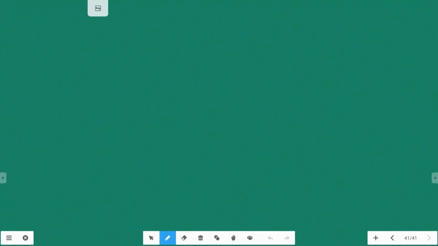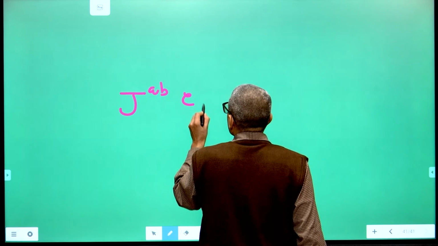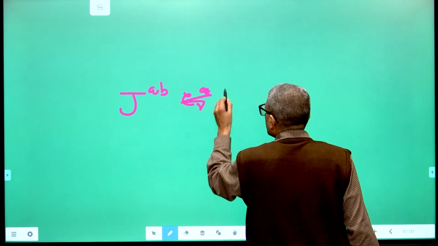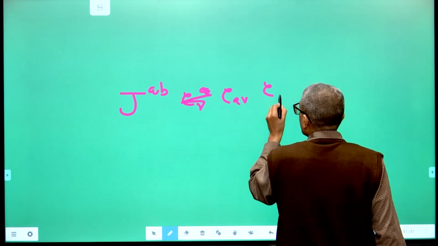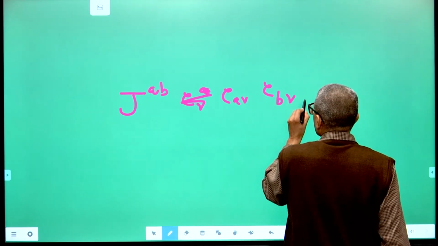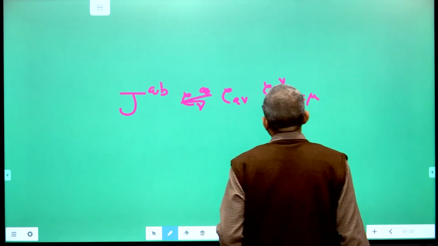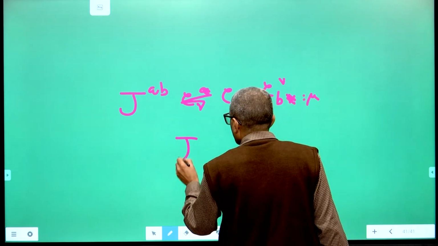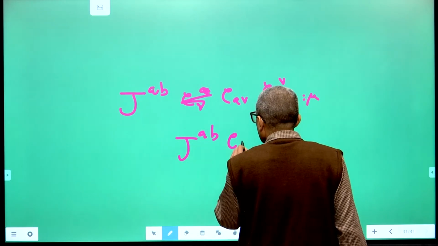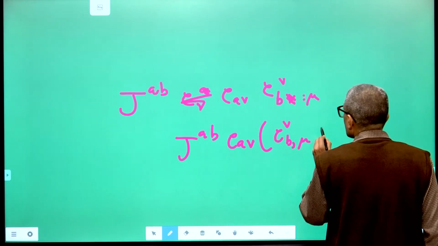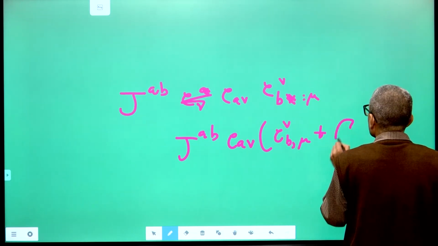How do you check that the covariant derivative is the same? See, you have J_AB E_A^ν E_B^ν double dot μ. So this can be written as J_AB E_A^ν into E_νB comma μ plus Γ.